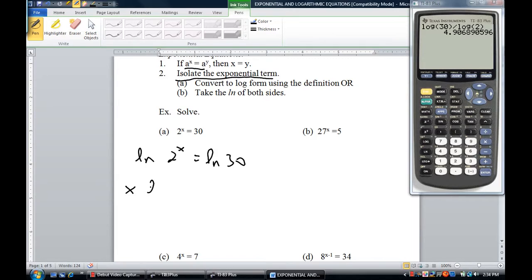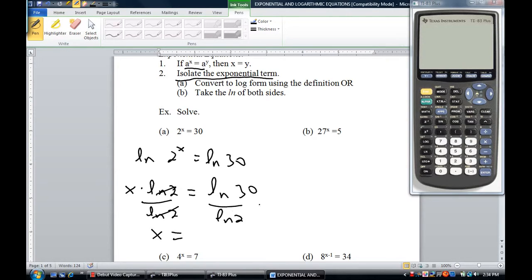So it comes out as x natural log of 2 equals natural log of 30. I need to slow down. And since this is multiplication and natural log of 2 is nothing but a number, to isolate the x, I will divide both sides by the natural log of 2. These will cancel. And I'm left with natural log of 30 divided by natural log of 2.